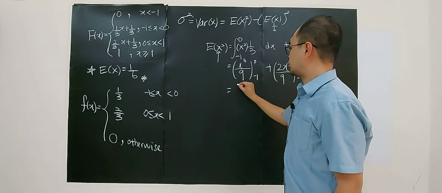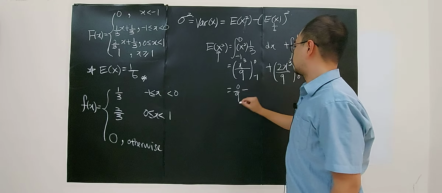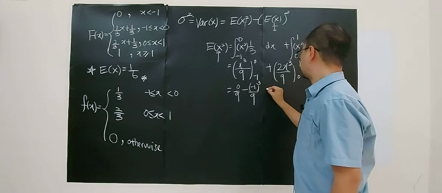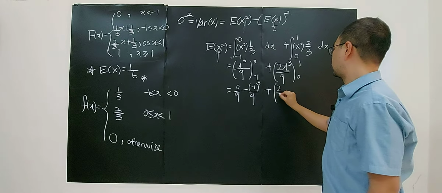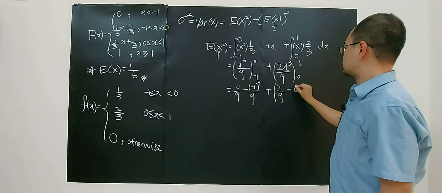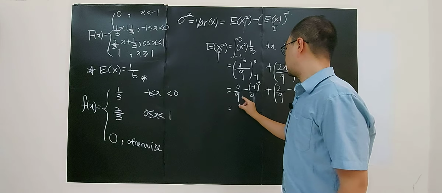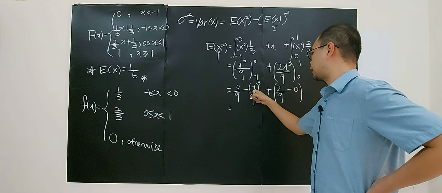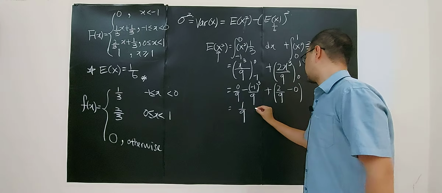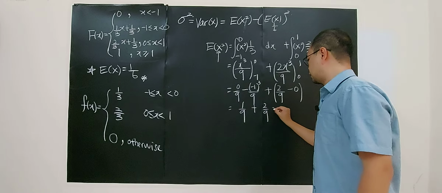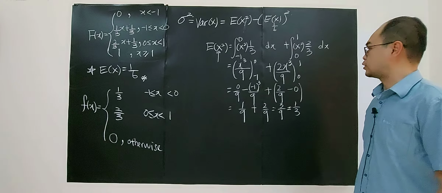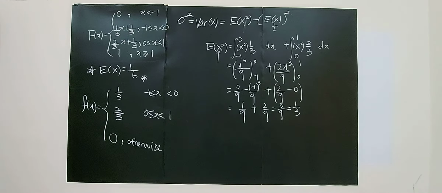Substituting, you have 0 over 9 minus (-1) cubed over 9, plus 2 over 9 times 1 minus 0. Negative 1 cubed is negative 1, and negative of negative gives positive 1 over 9, plus 2 over 9. You have 3 over 9, then 1 over 3. So this means that E[x squared], the expected value of x squared, will be 1 over 3.